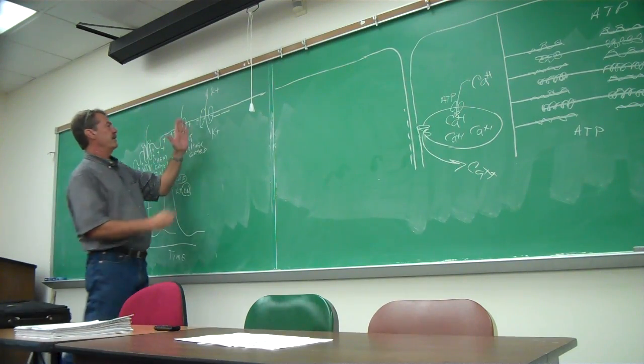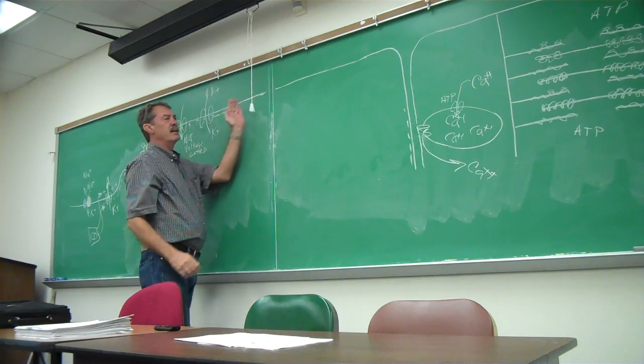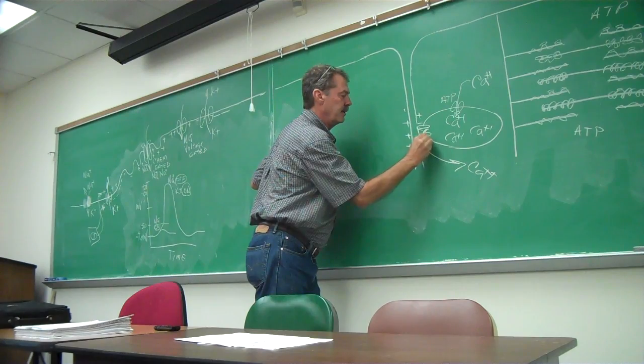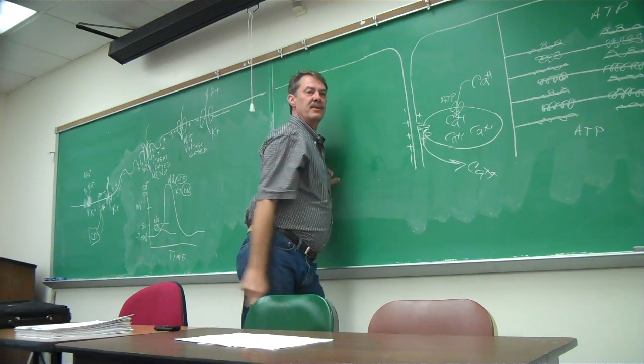So now you can imagine that wave of sodium coming in, giving that positive charge, turning this side positive, and that's going to trigger the calcium to be released. Boom, we get a muscle contraction.